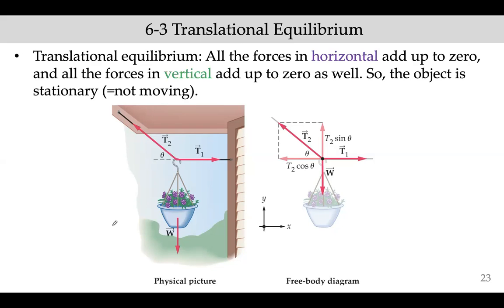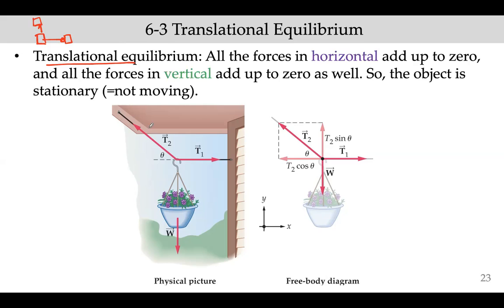Okay, here we move to section 6.3, translational equilibrium. Translation means having an object and moving it to another point, either in x direction or y direction, or negative x, negative y. Translational equilibrium means the object is not moving to the left, to the right, or up or down.